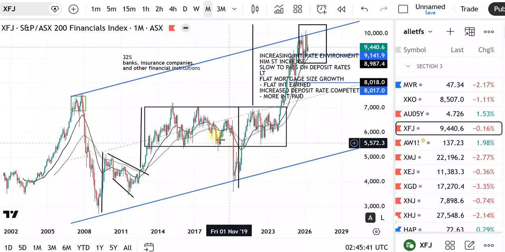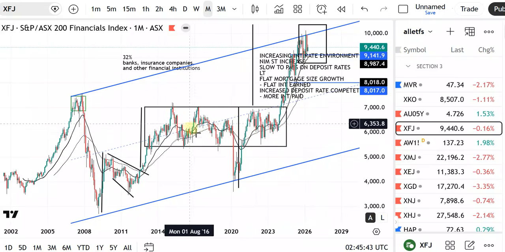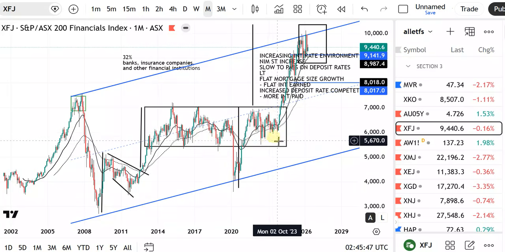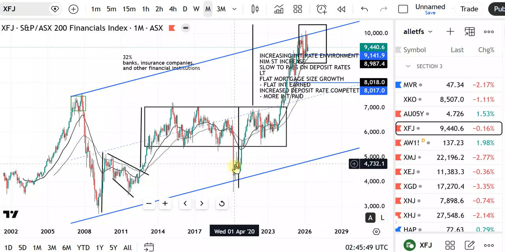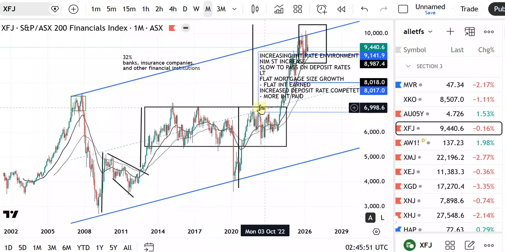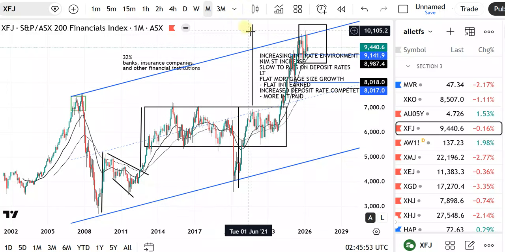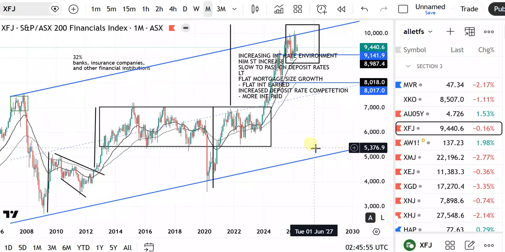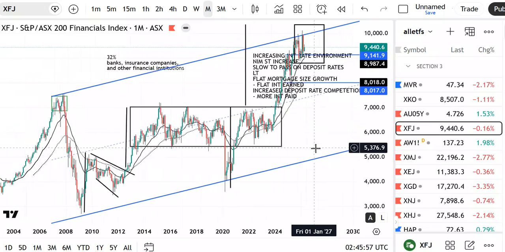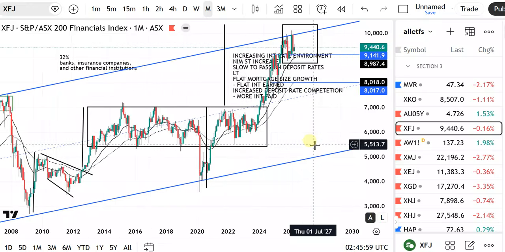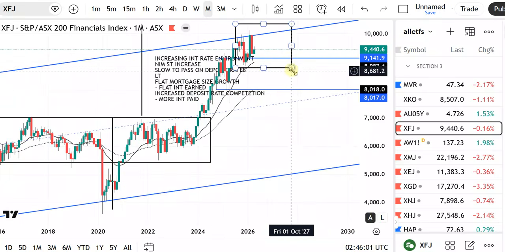It's actually formed a bit of a reverse head and shoulders. It's not the prettiest one, but shoulder, head, shoulder. So you take the depth and you add it to the breakout, so it gives you a target here. So we're somewhere near the top though.